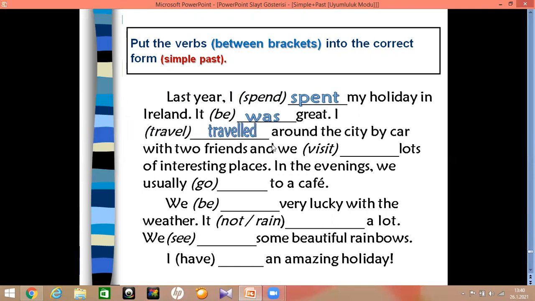I traveled around the city by car with two friends and we visited lots of interesting places. In the evenings, we usually went to a cafe. We were very lucky with the weather. It didn't rain a lot. We saw some beautiful rainbows. I had an amazing holiday.